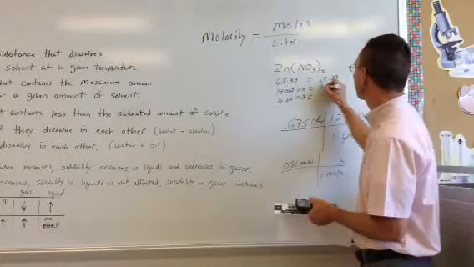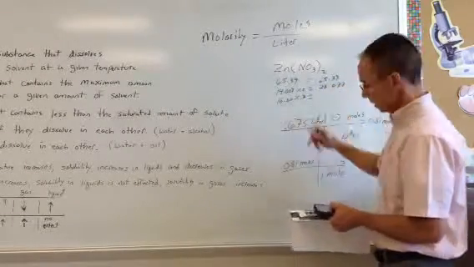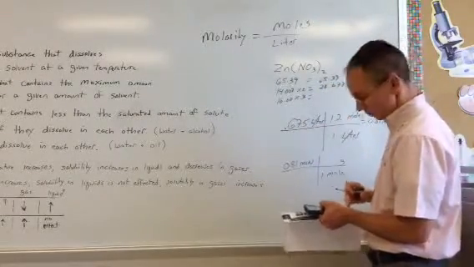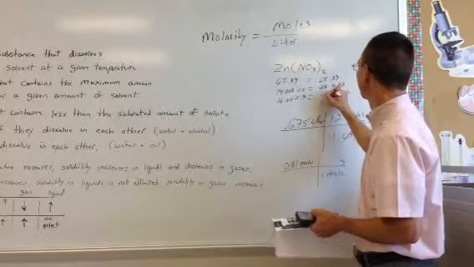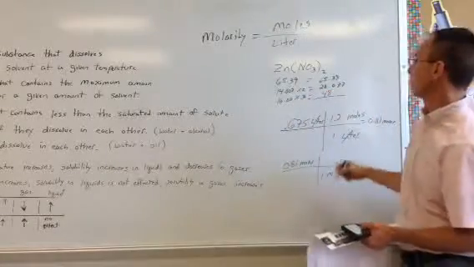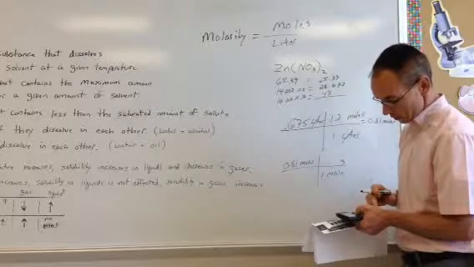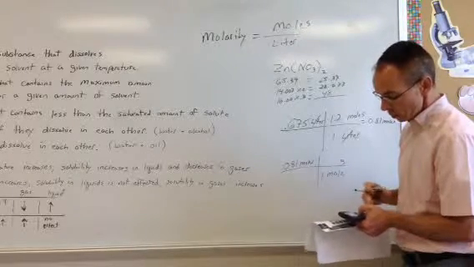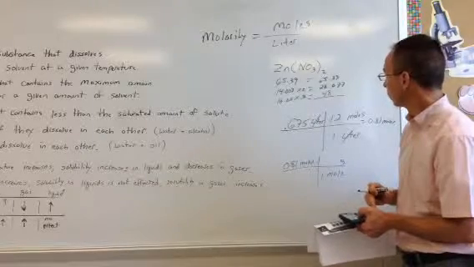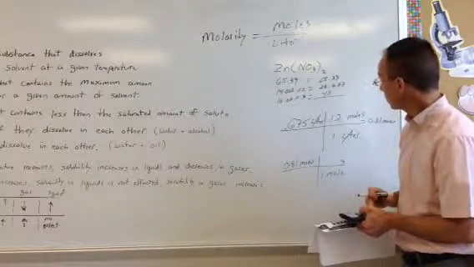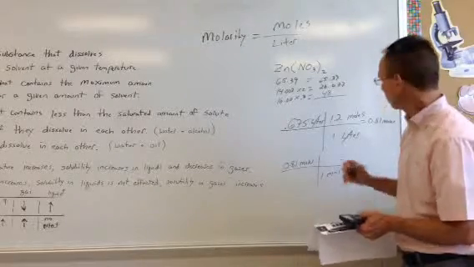It gives me 28.077, and then 3 times 16 is 48. Add those all up. 65.39 plus 28.077 plus 48 is 141.47.